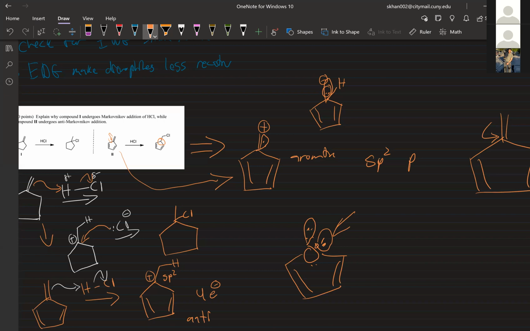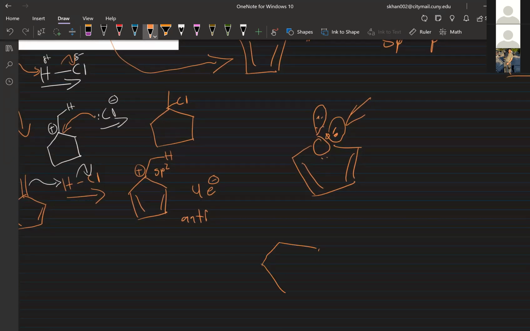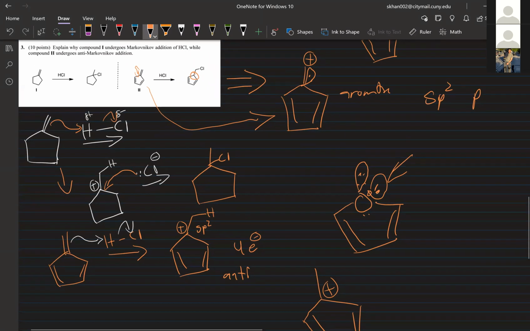I see your point, but the only thing with that explanation is when you have the other thing that looks like this, you have a tertiary carbocation that's stabilized by 2 bonds, and this is resonance stabilized tertiary. Yes. So is that why you were saying you wouldn't expect it to be more anti-Markovnikov?